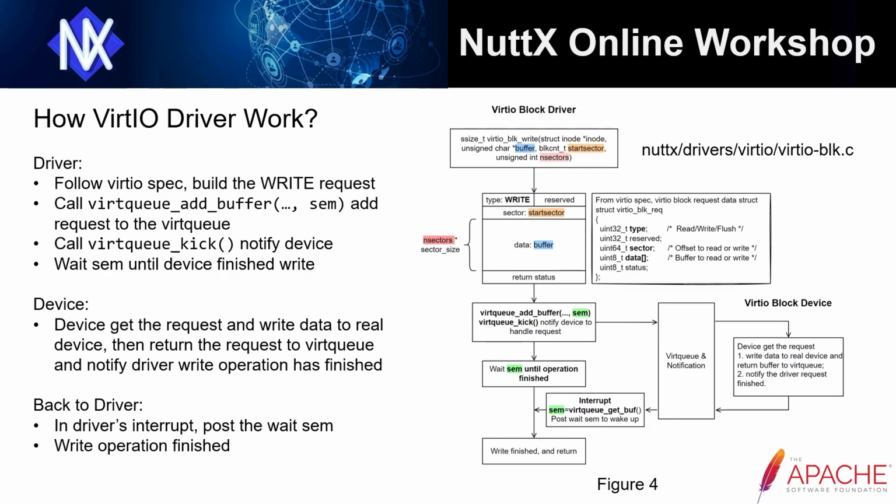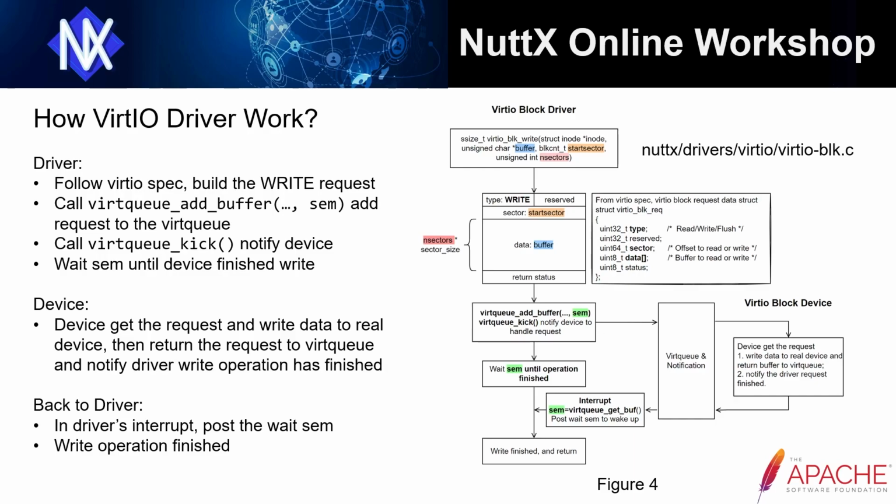Now, I want to take an example to show you how the VirtIO driver works in NuttX. I take the VirtIO block driver write operation as the example, and the right figure shows this process. In the write operation, the first thing for the driver to do is to build the write request.